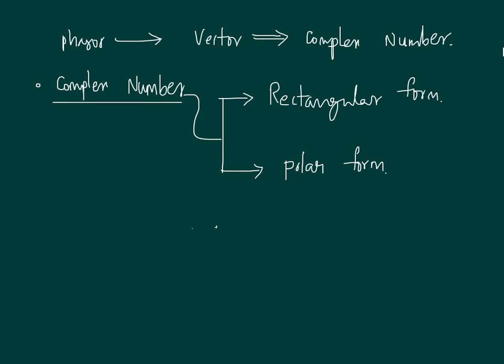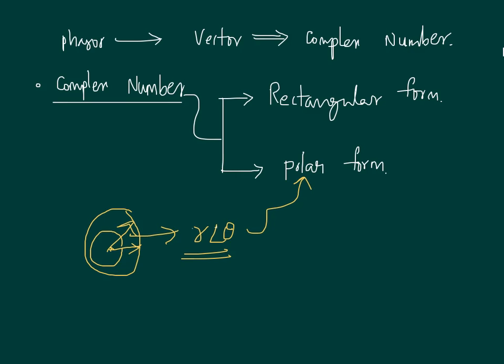We know that a constant, definite length phasor rotating with respect to a reference point can be represented as having some magnitude and an angle, that is, at an angle theta. This is polar form.